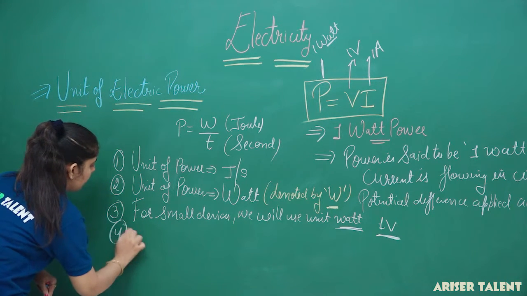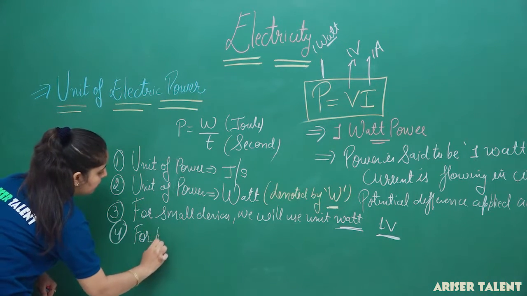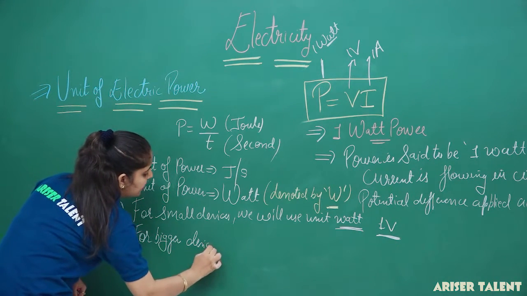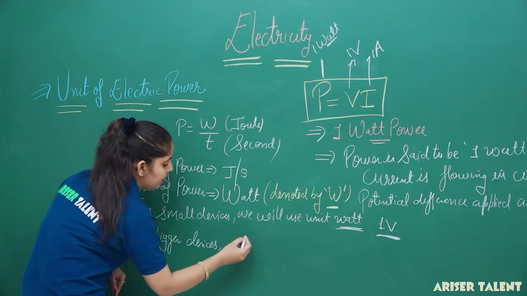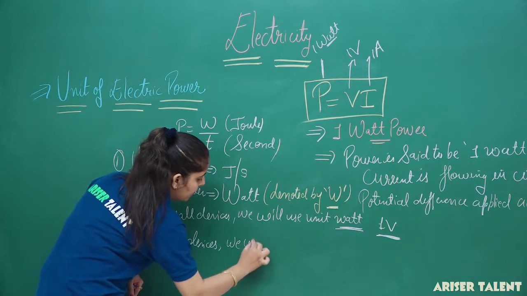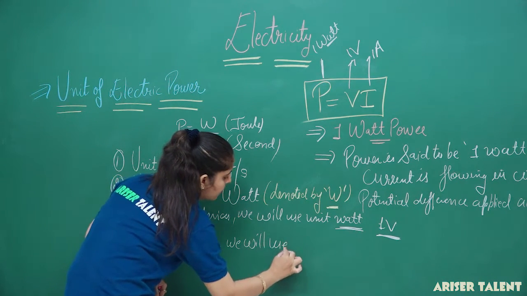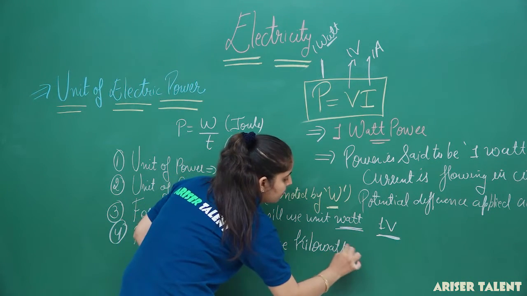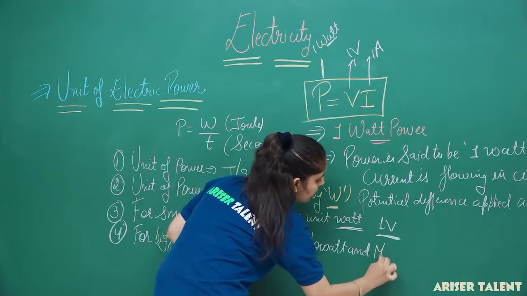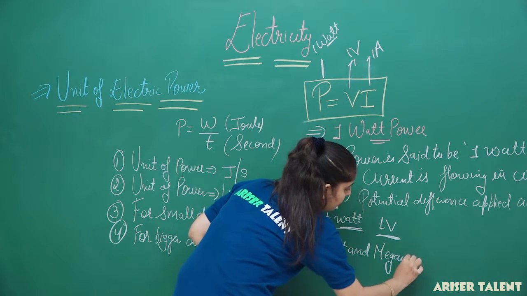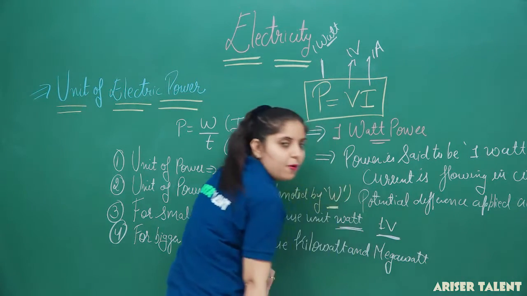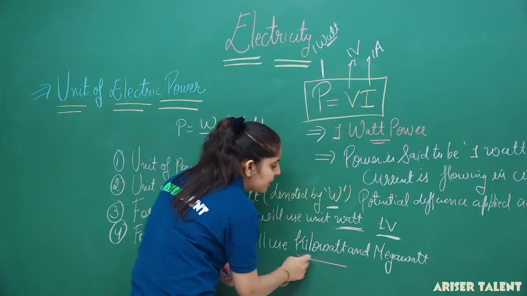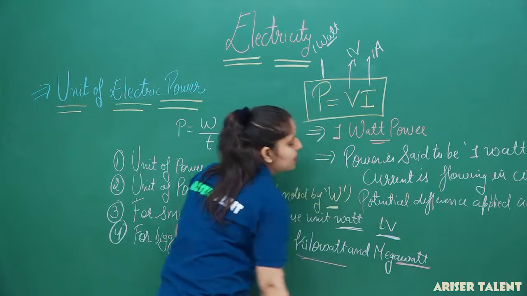So for bigger devices like generators and machinery, we will use kilowatt and megawatt. So these are the two units we will use when the machinery is of larger size.